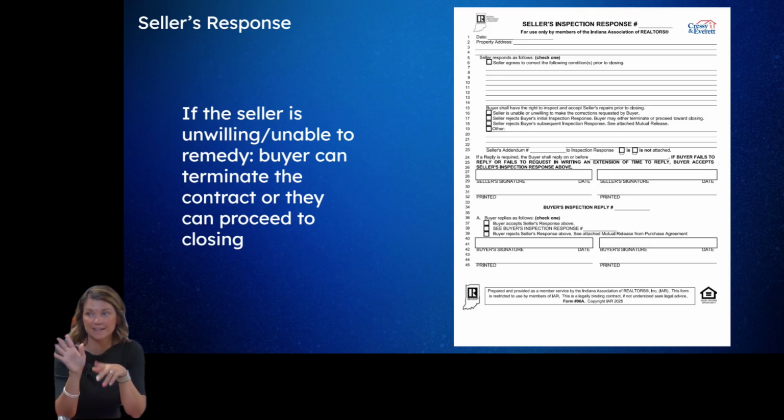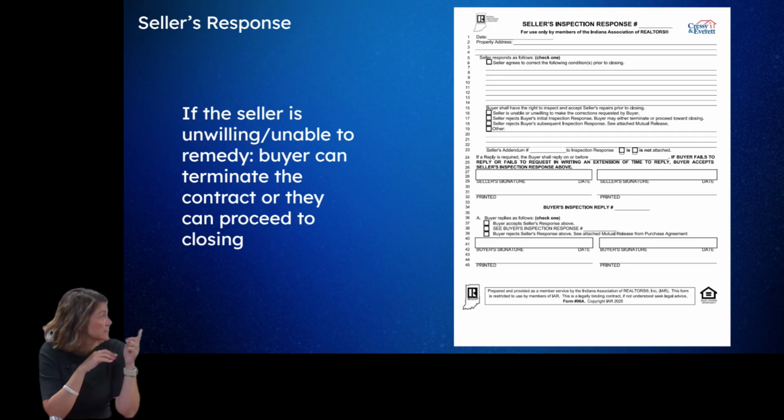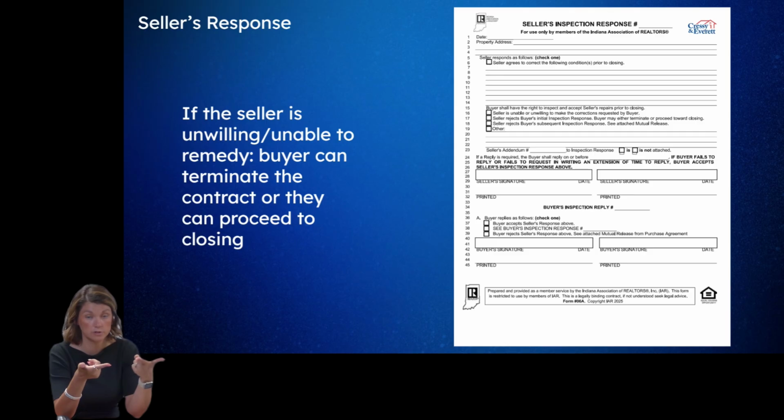And that's why it does say this subsequent inspections, see attached mutual release. So they can send it back and say, no, we still want you to do the mold. Then the seller can send this back with a rejection and the mutual release. Like, again, not doing this. Here's the mutual release to terminate this contract.